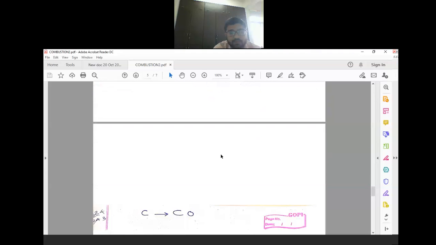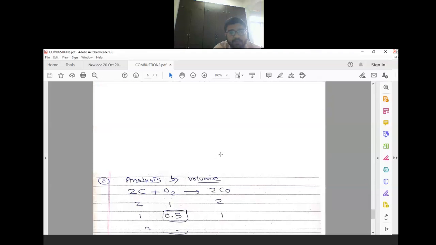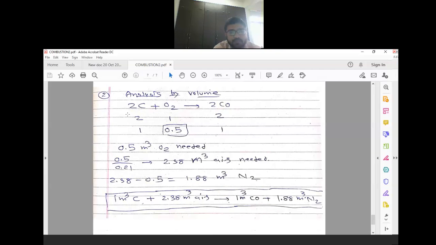We have another volumetric analysis for CO. Here you can see that 2C plus O2 is equal to 2CO. So what is written here? 2. That's why directly you have to write 2. Here 1, here 2.